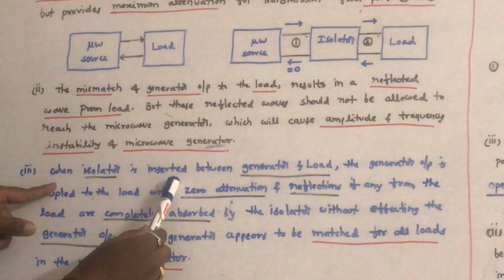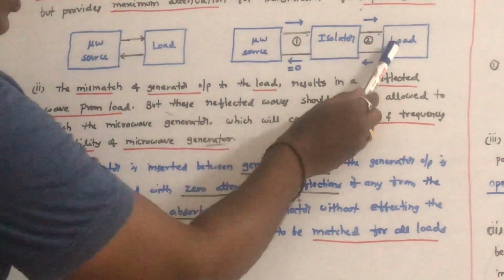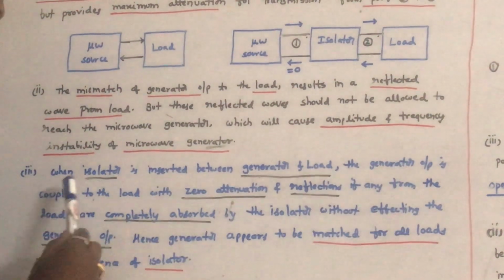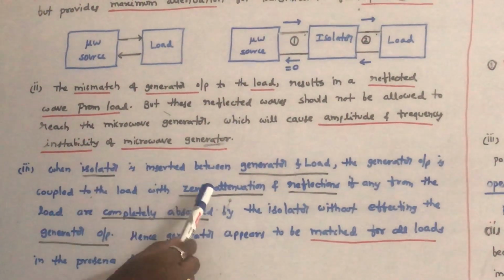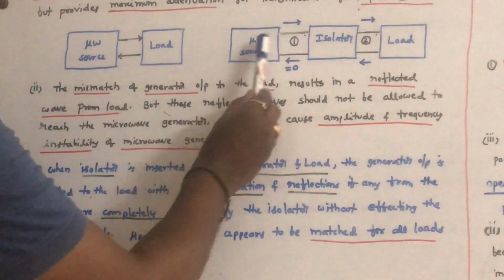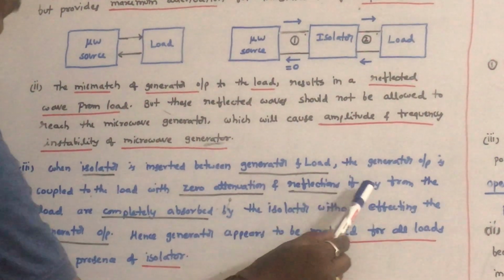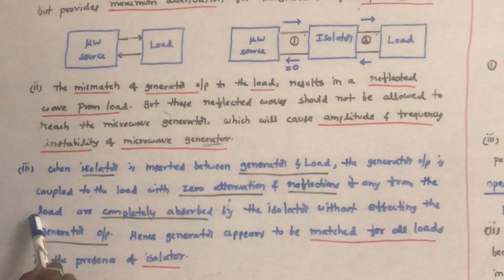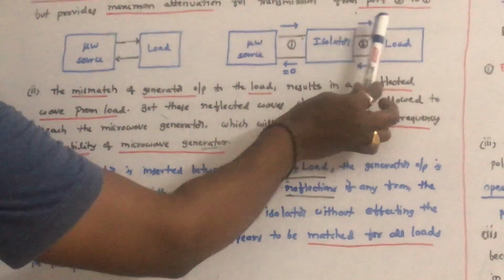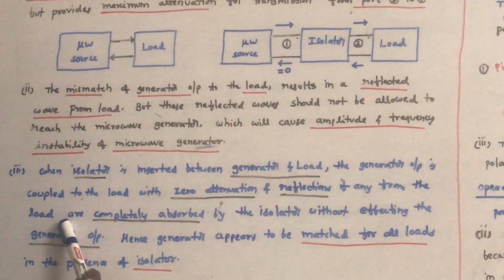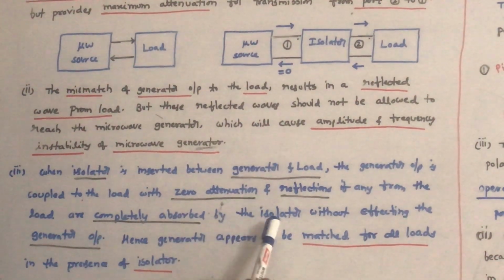When an isolator is inserted between generator and load, the generator output is coupled to the load with zero attenuation, and reflections, if there are any from the load, are completely absorbed by the isolator.